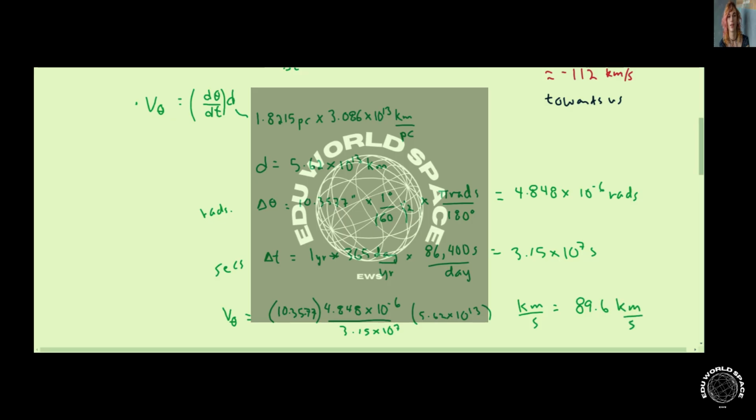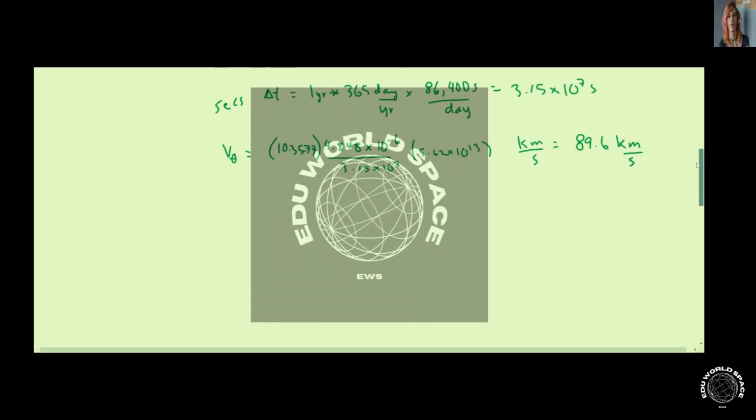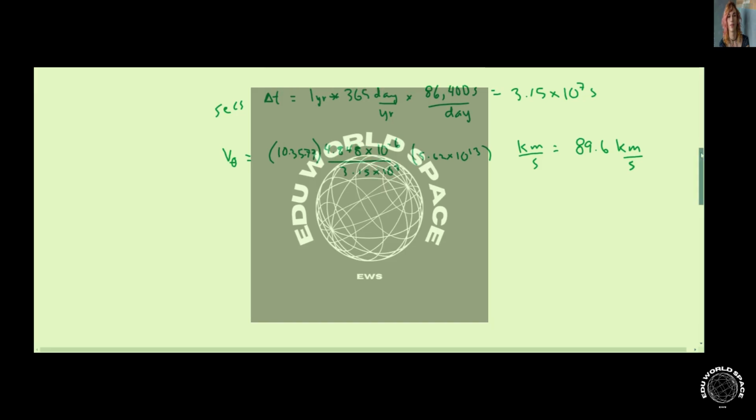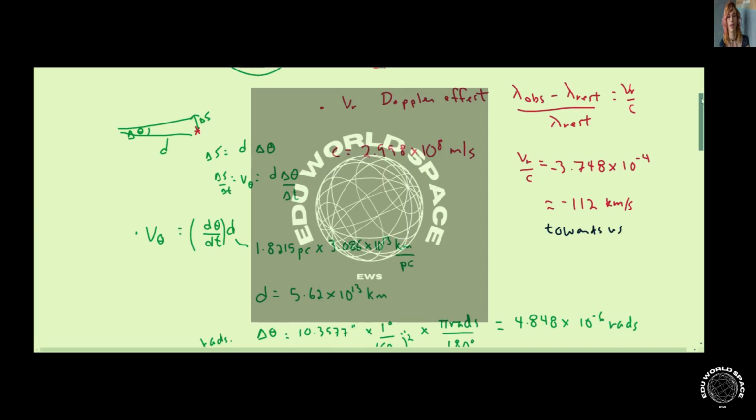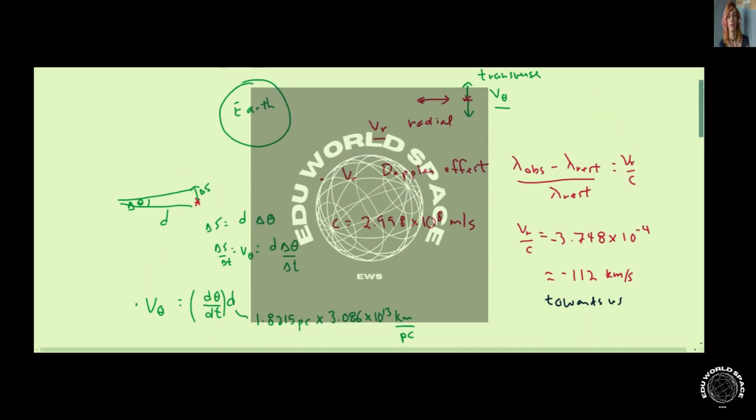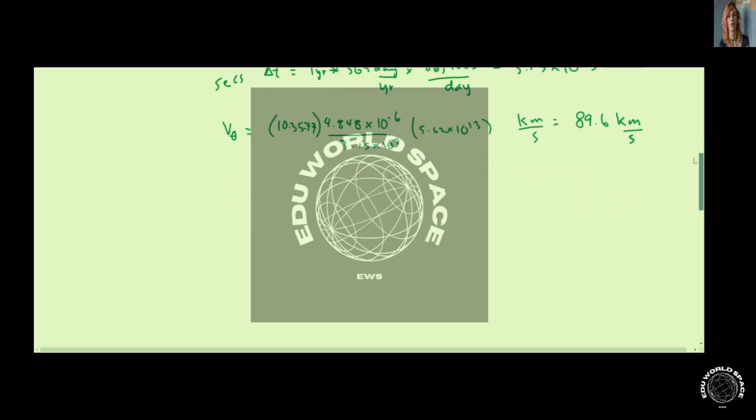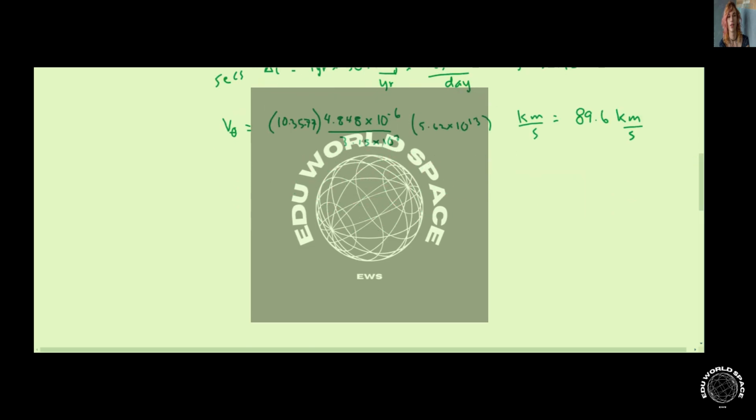Conversion was a little bit crazy with that. We do now have our two velocities, our radial velocity and our transverse velocity. And if we wanted to find the total space speed that Barnard's star is moving at through space, we can add those two numbers in quadrature because they are at right angles to each other.